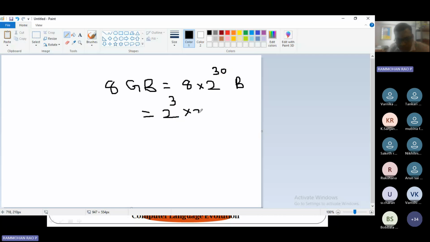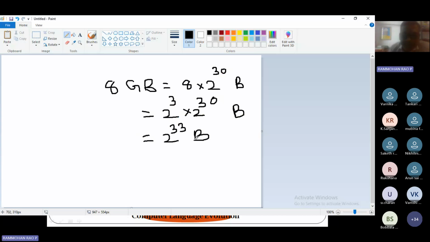I hope you understood what I am doing. 8 can be written as 2 power 3, and this 2 power 30 as it is. B means byte. If I have 8 GB RAM, how many bytes is it? Bases are equal, so powers should be added: 2 power 33 bytes.